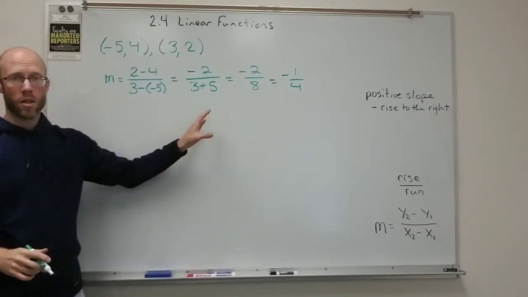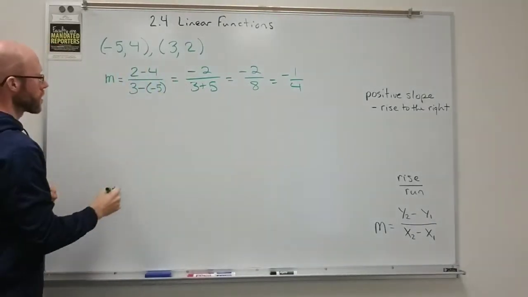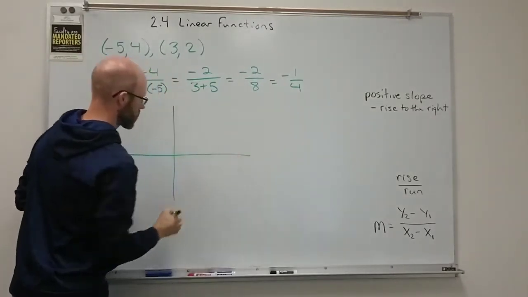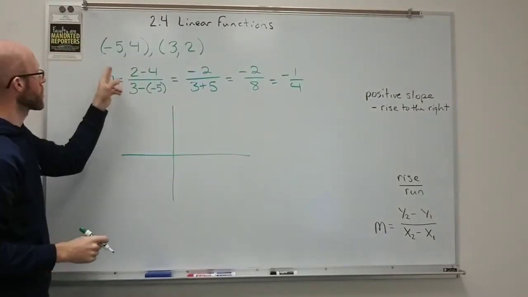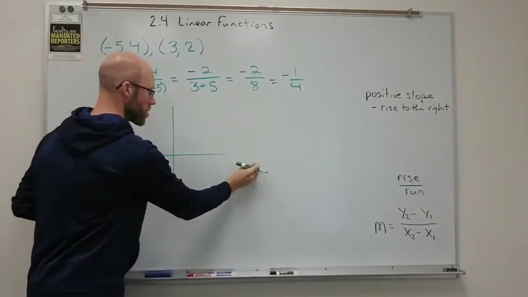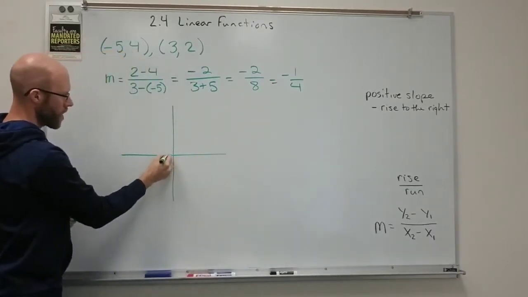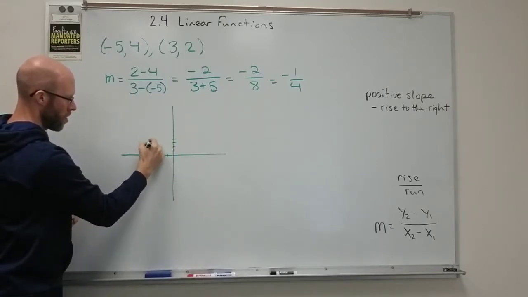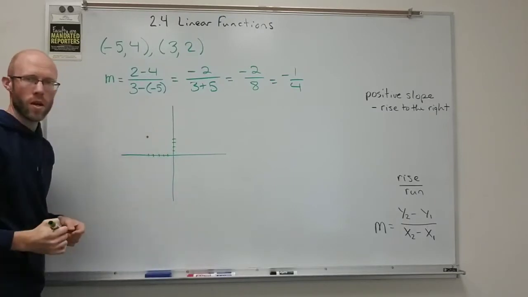Now if I look at the graph again of these 2 points, I'm just going to sketch this out kind of quickly. Negative 5 comma 4 is going to be in the second quadrant, so you go back 5 and up 4, somewhere over there.